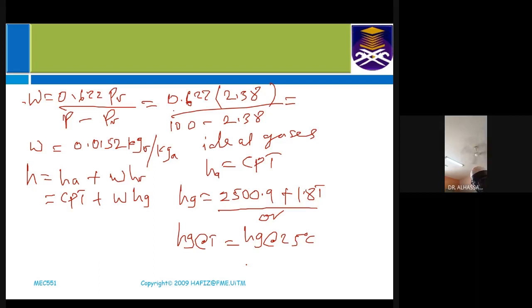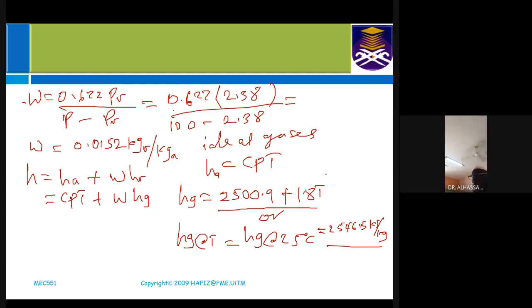From the property table, we have Hg equals 2546.5 kilojoules per kilogram.